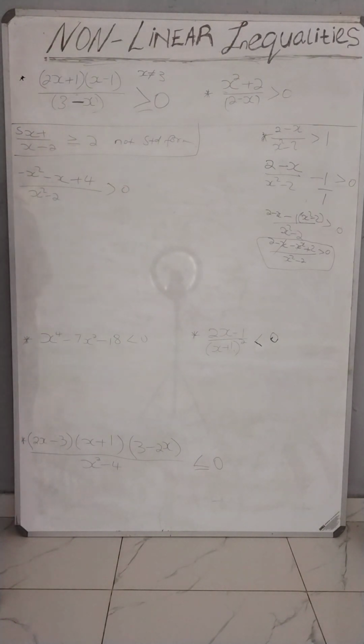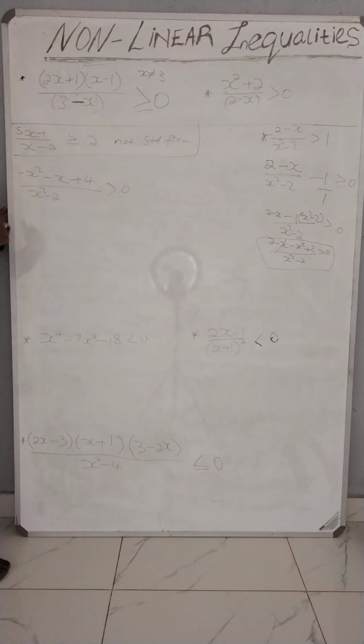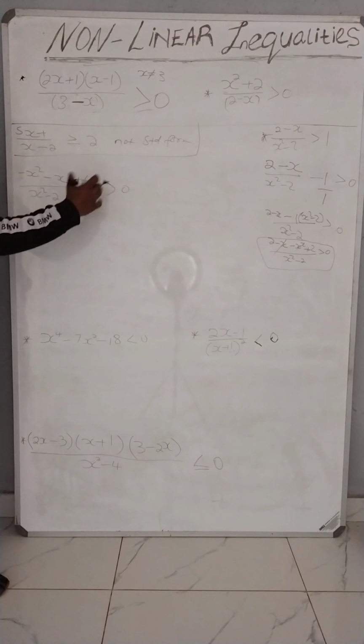is greater than 0. Okay, so I'm going to multiply everything, or you can either multiply the whole thing with a negative, but you're going to have a negative this side, or you can just factorize the negative out. If you multiply you're going to have to change the sign.